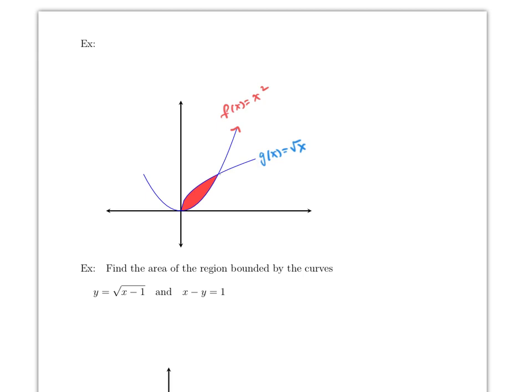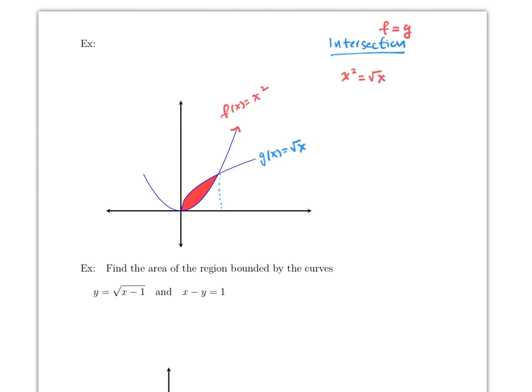Now we need to figure out where they intersect, because that's going to give you the limits of integration. For that, you need to find where the two graphs are equal to each other. So intersection, remember, means f equals g. So in our case, that means x squared is equal to the square root of x.